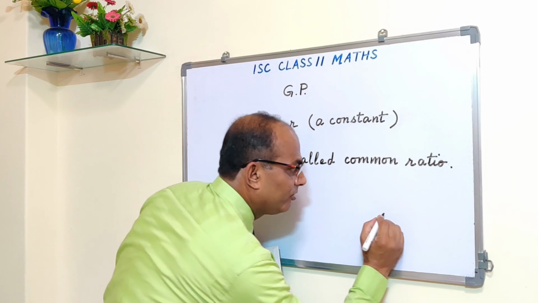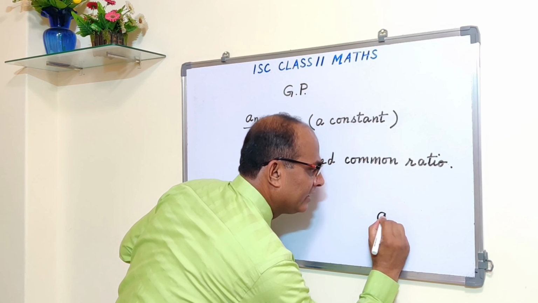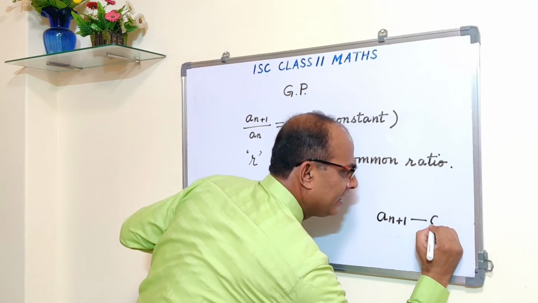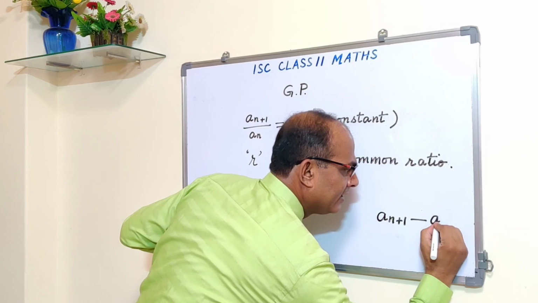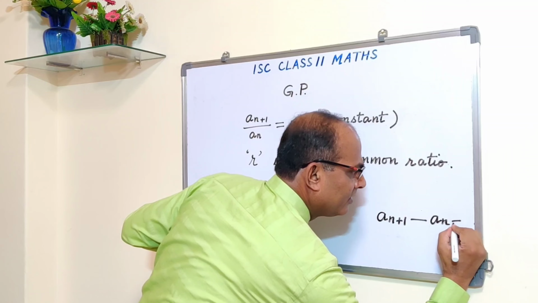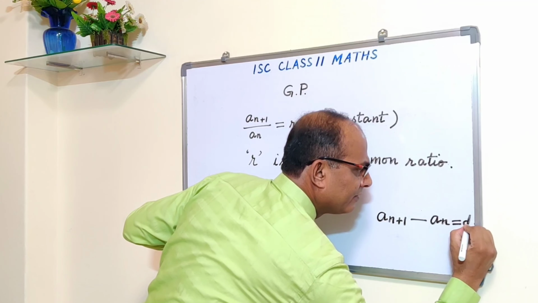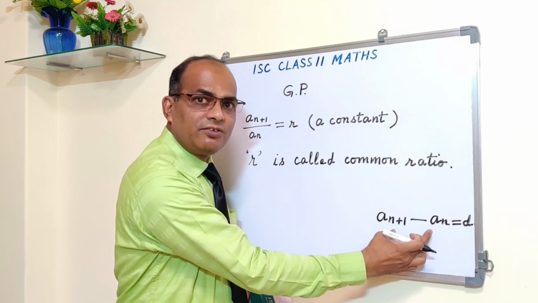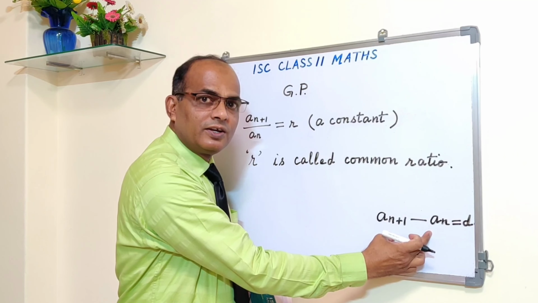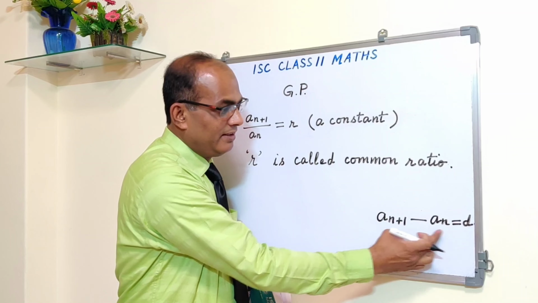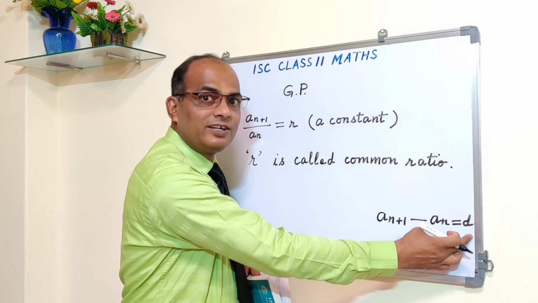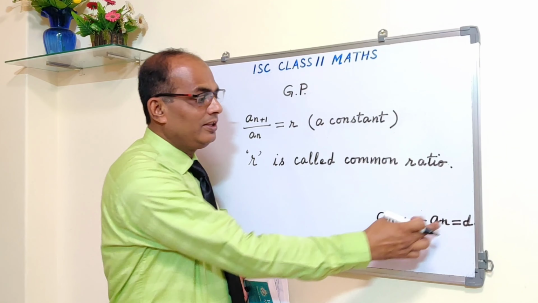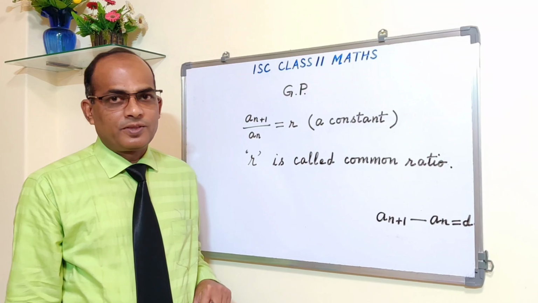If you remember, we wrote a(n+1) minus a(n) is equal to a constant, which we call d. So the difference between any two consecutive terms is a constant, then it is an arithmetic progression, and we call this d the common difference.